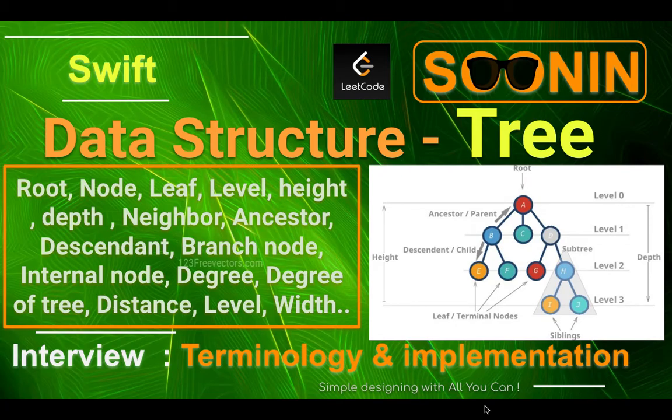Hey guys, welcome back. Today in this video, we're going to work on tree and implement it with Swift. So we'll try to understand and review all about tree, and then we will jump to implementing it with Swift.